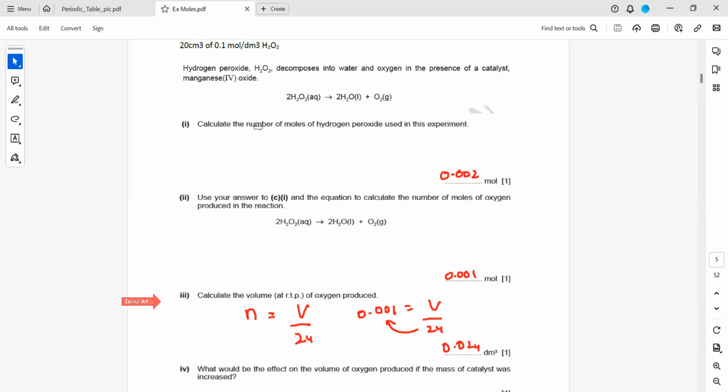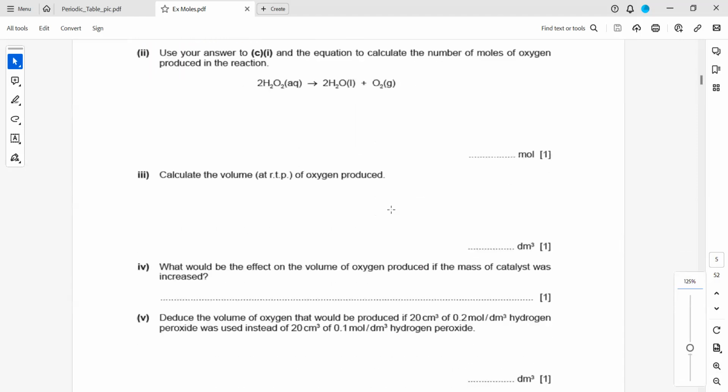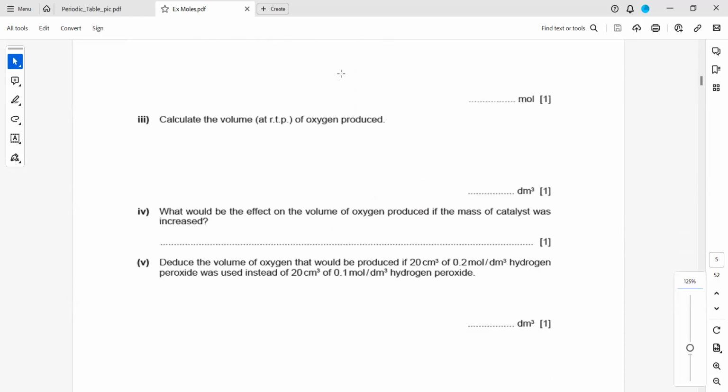Is it clear, the third part? Sure, I will repeat. In the third part, we need the volume of the gas. We need the volume of oxygen, and oxygen is a gas.